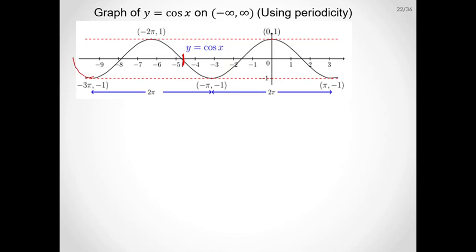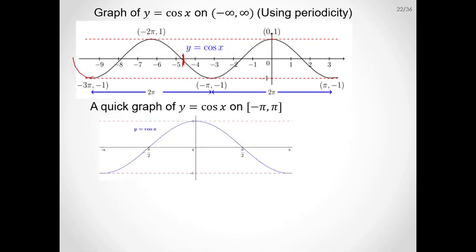But the most important thing is that you have to remember the graph of cosine x between minus pi and pi. It's like a bell curve around 0, an approximate bell curve.